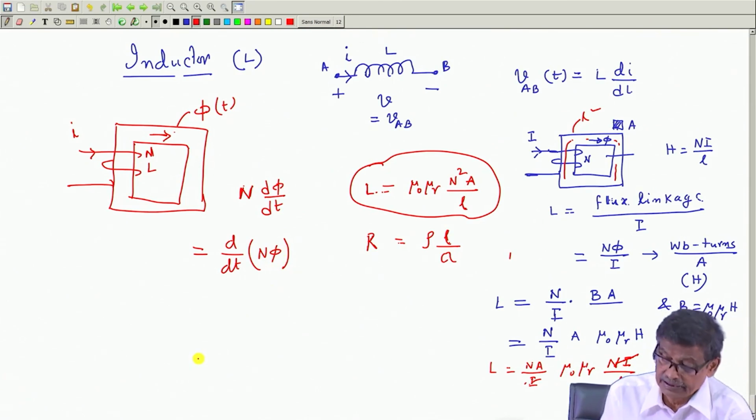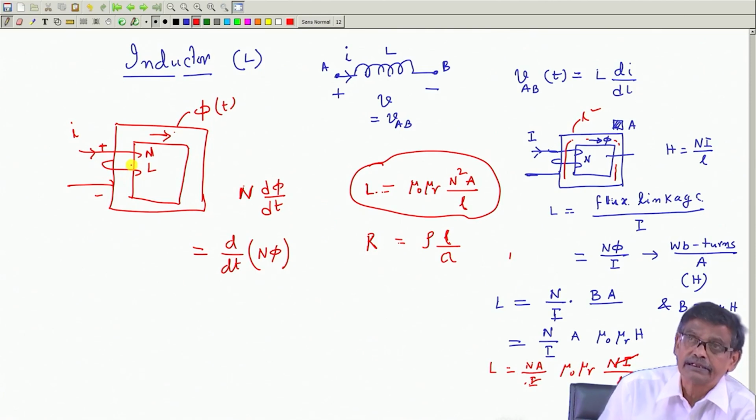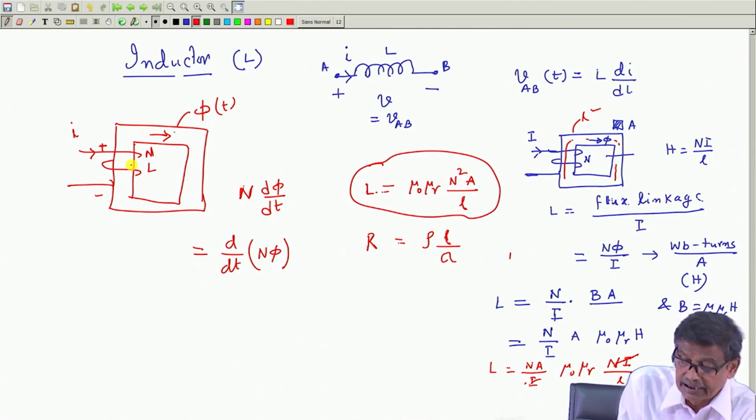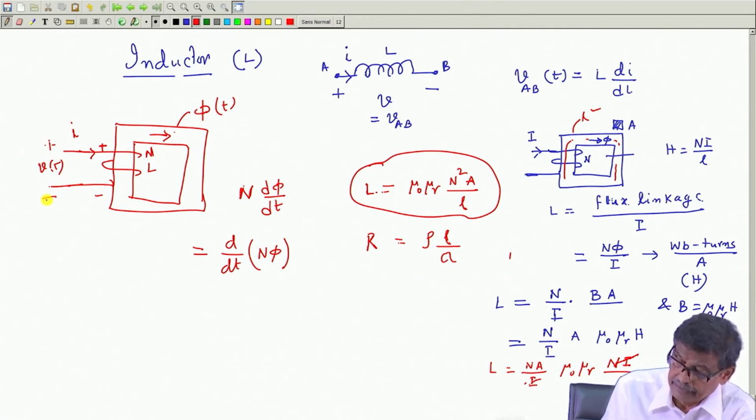This will be the induced voltage between these 2 points, and I am assuming this wire has no resistance, pure inductance. So, there will be an induced voltage, and here is your supply voltage V t with this plus this minus, and this is the induced voltage across the coil.